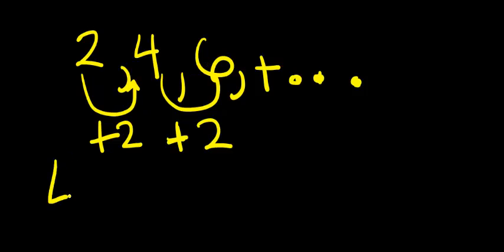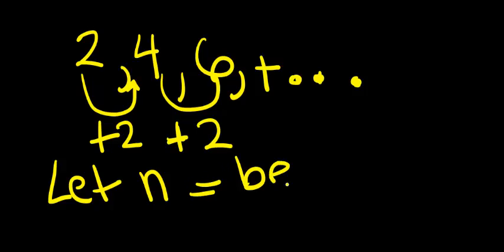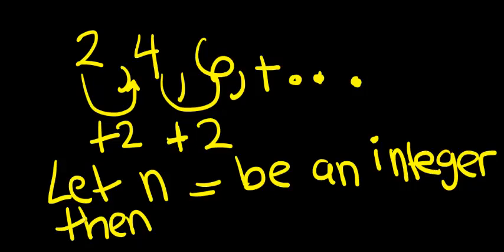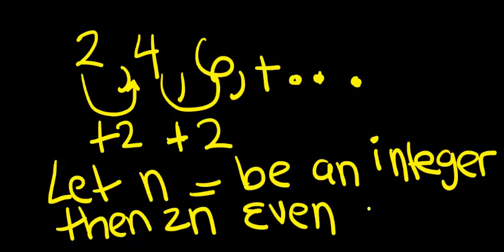If I let n be an integer, then 2 times n will always be even. Think about it.